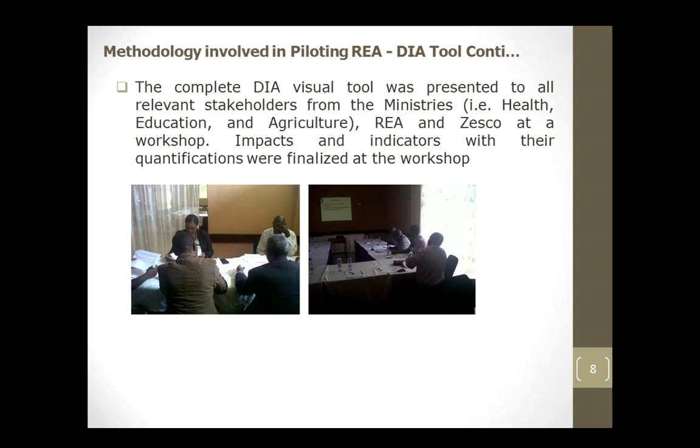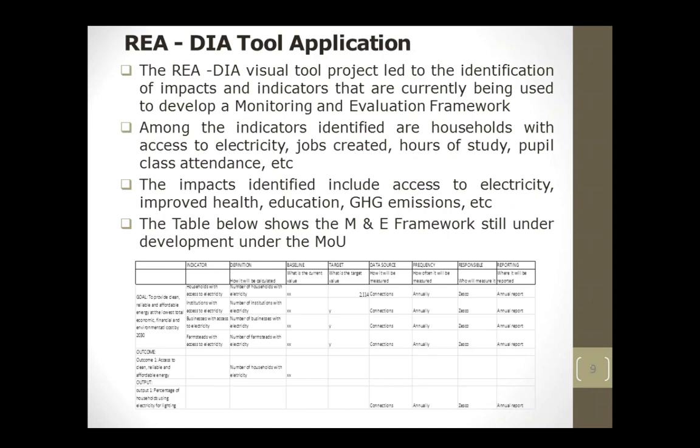In terms of its application, the DIA Visual Tool led to the identification of impacts and indicators that are currently being used to develop a monitoring and evaluation framework. Among these indicators identified, households with access to electricity, jobs created, hours of study, pupils' attendance were identified.